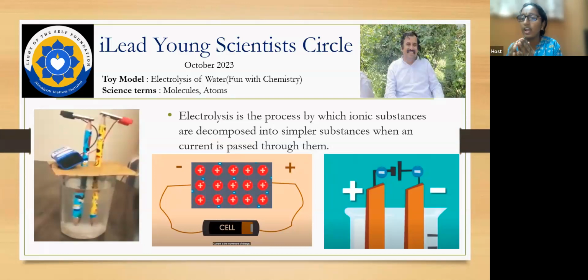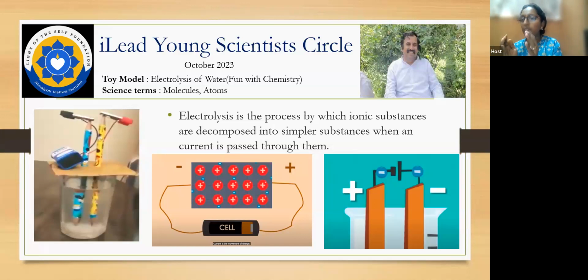In the same way, the atoms, if they are individuals, they'll not be of much use. If they are grouped by certain probabilities, like 2 atoms of oxygen or 1 atom of hydrogen grouped together, then you will get something which is useful to the society, which is useful to the people. So understood, right?